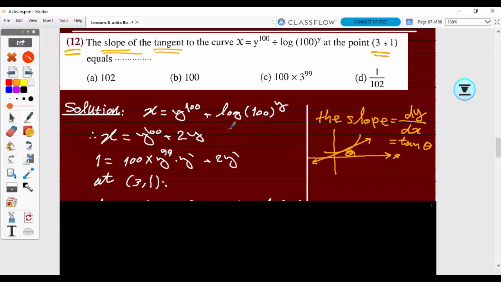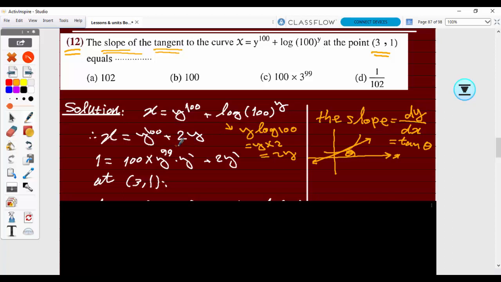It is equal to y logarithm 100, and the logarithm 100 equals 2. So we have y multiplied by 2, which equals 2y. So x equals y power 100 plus 2y. Log 100 power y equals 2y.